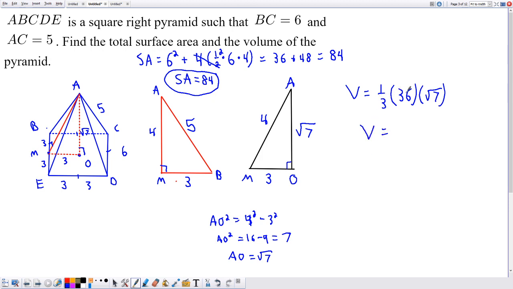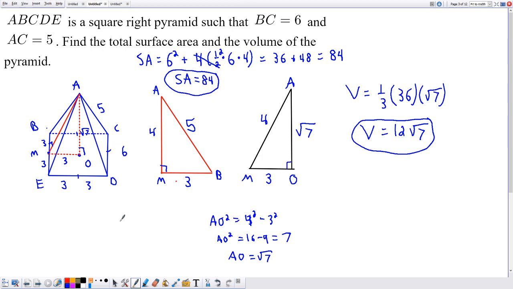So 1/3 times 36 is 12, and then we have square root of 7. And the area of the base, the base is a square with a side length of 6, 6 squared, 36. And that completes the problem.